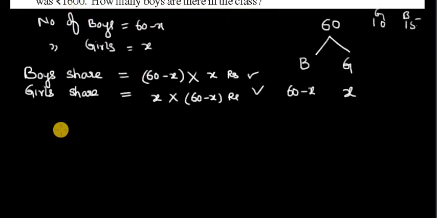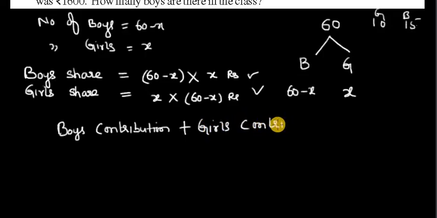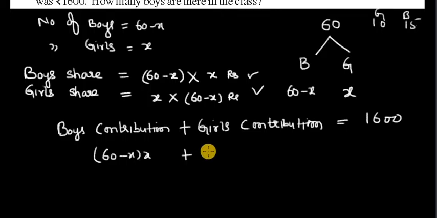So now I am taking the boys' contribution plus the girls' contribution, and the total is 1600. Substituting, we get (60 minus x) into x plus x into (60 minus x) is equal to 1600.